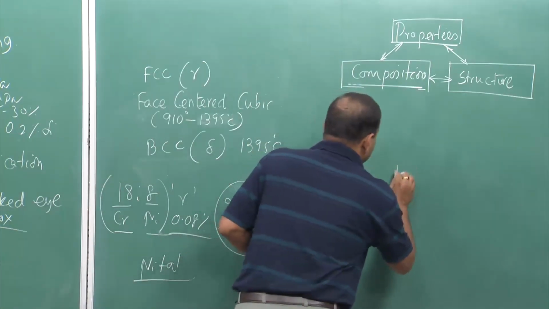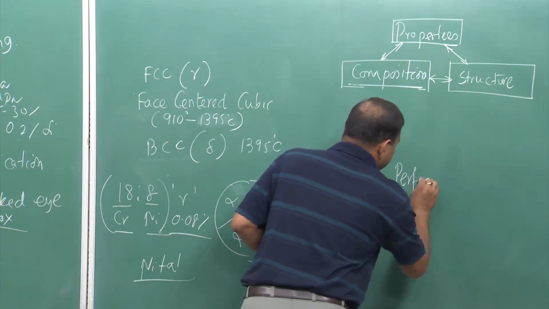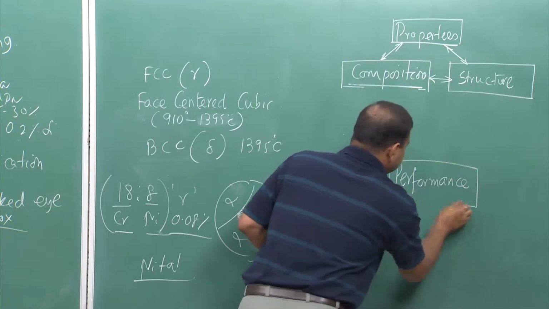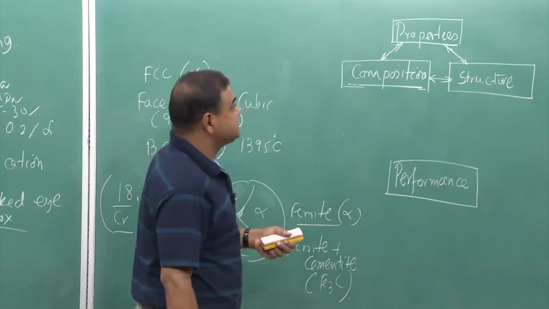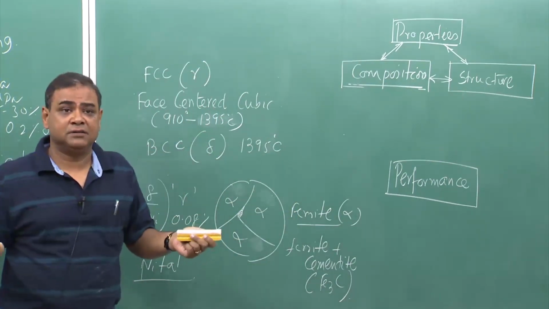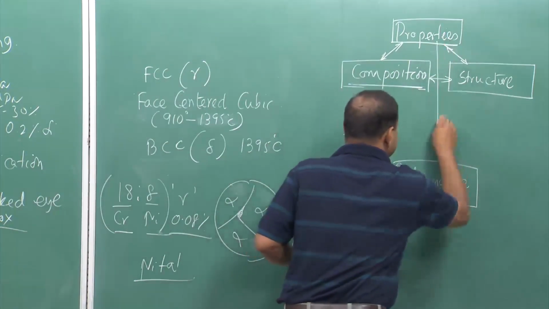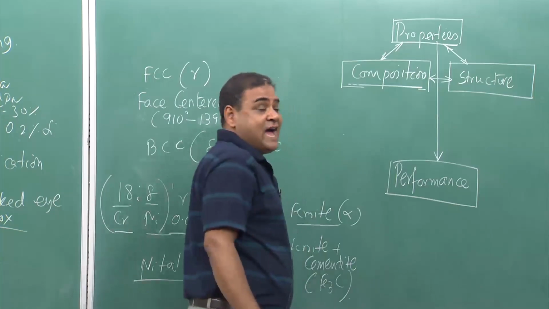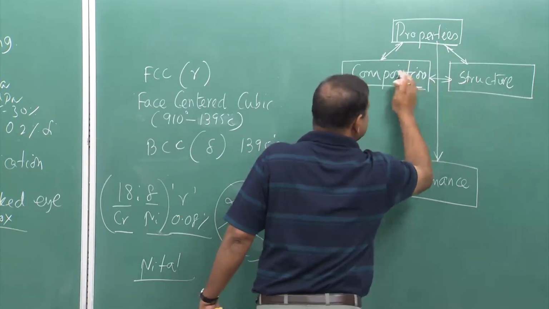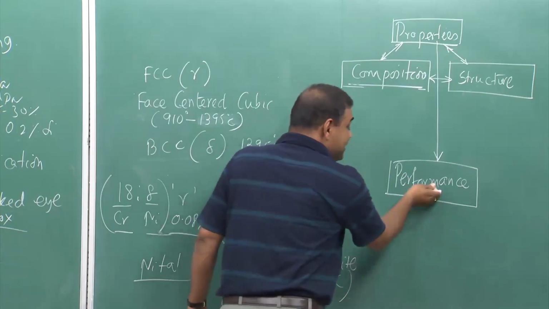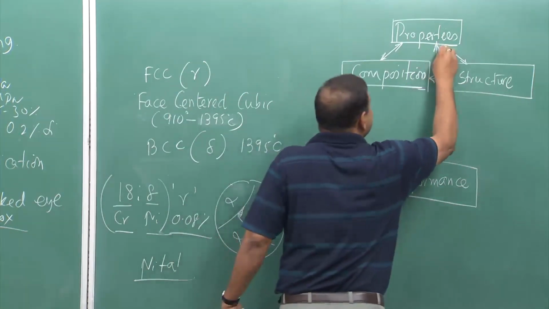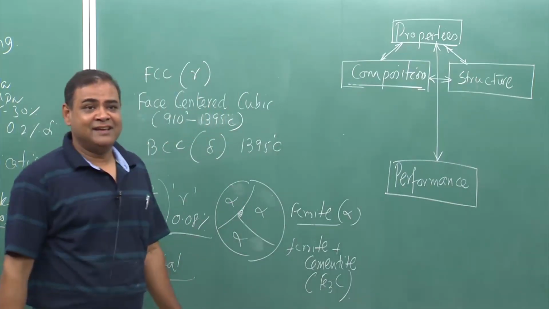So, we have performance which is also related to the properties. That means finally the performance is given by what? The properties. The properties give the performance, and the properties are related to structure and composition, and in order to get a particular performance we need a particular property. So, these two are also interrelated, isn't it?